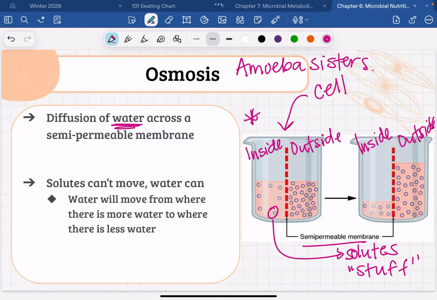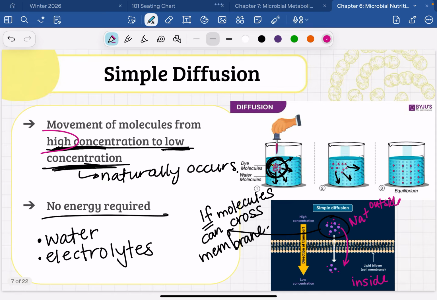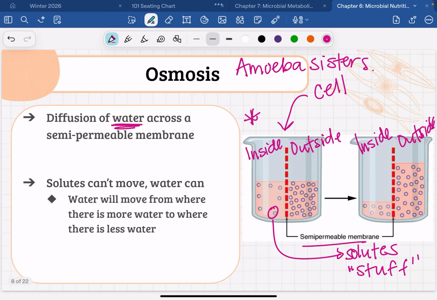If the protein was moving, which way would it move? Would it move to the outside or to the inside? Which way do things move, remember? High to low. So if the protein could move, where is it higher? Outside or inside? Outside. There's more protein outside, right? So if the protein could move, it would move inside.